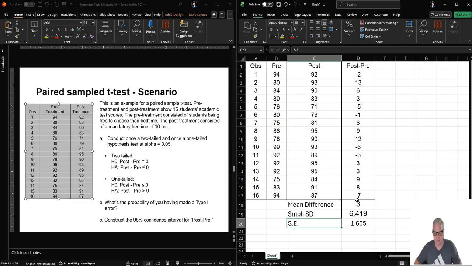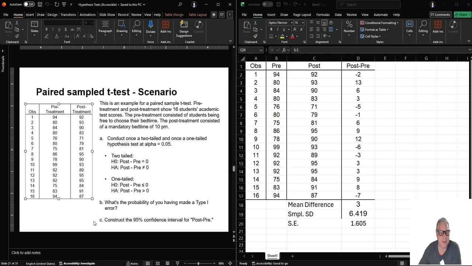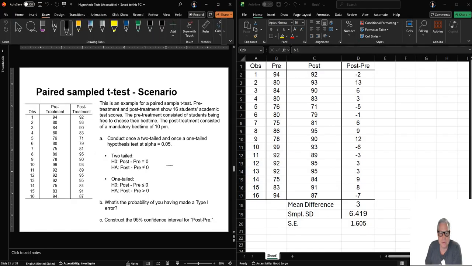Now in a two-tailed test, we hypothesize that the difference is 0. So we assume a sampling distribution where the mean is 0. Let me try it again. We have a sampling distribution where we hypothesize that the difference between post and pre is 0.